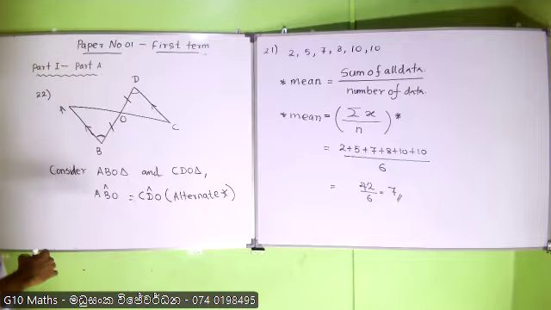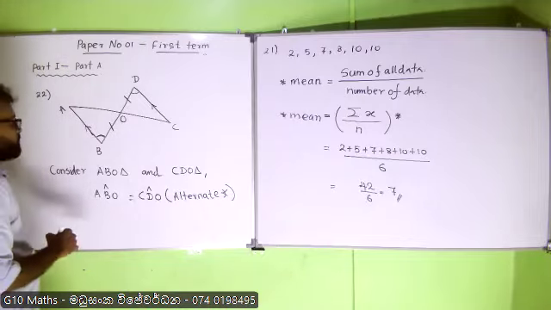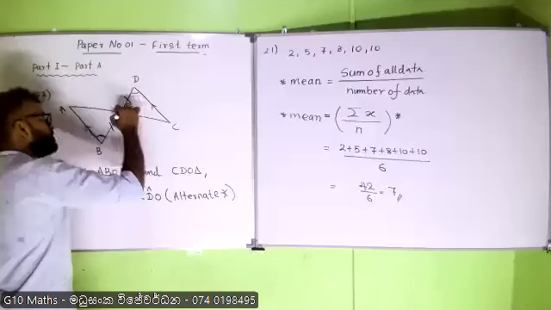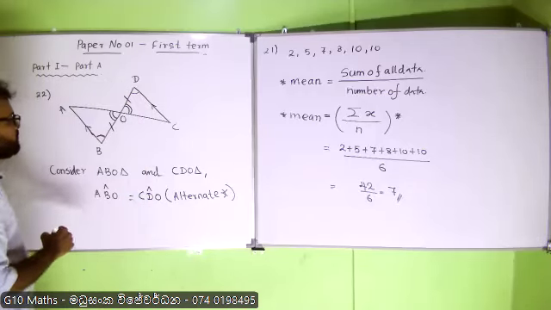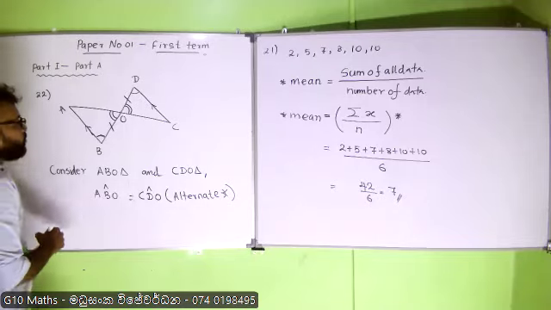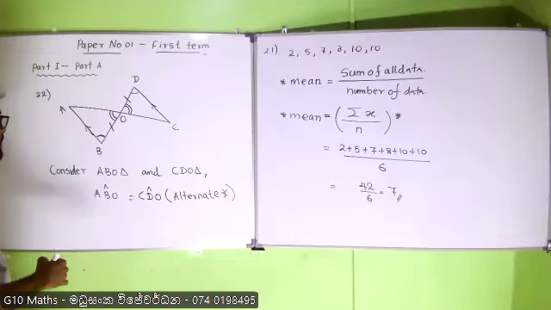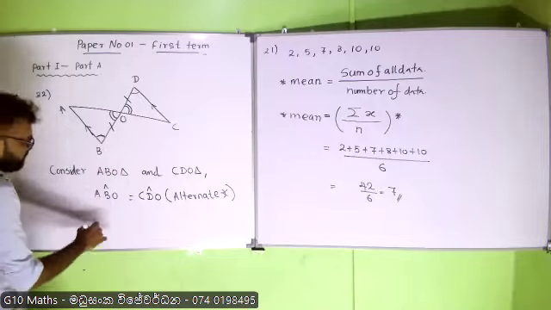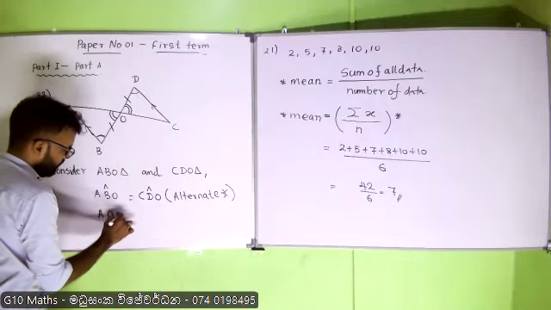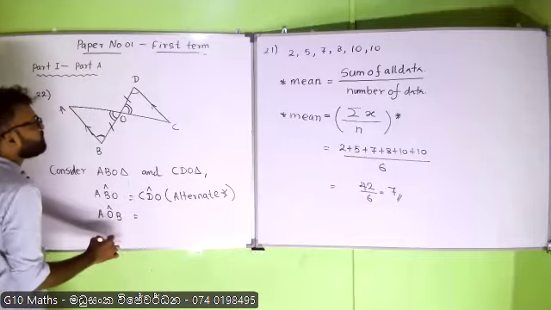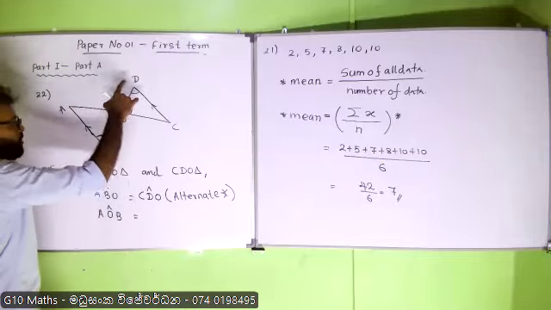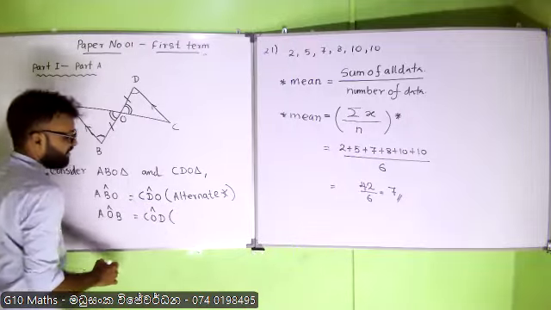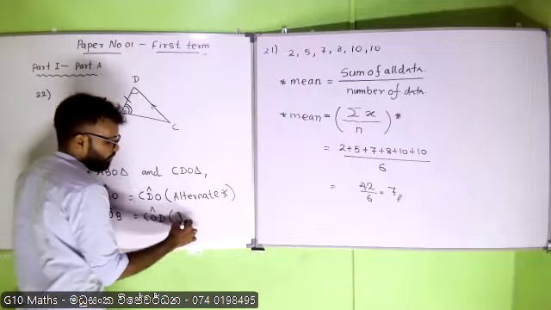Alternate angles. Then I can say this angle equals this angle also. Then, vertically opposite angles. So I can write from the ABO triangle, angle AOB equals angle COD, vertically opposite angles.